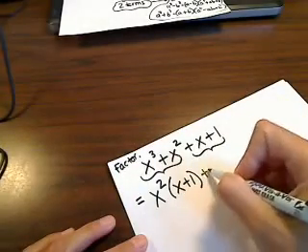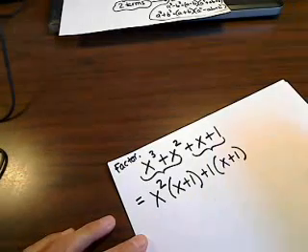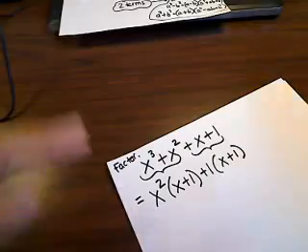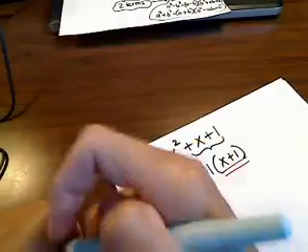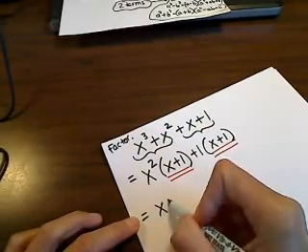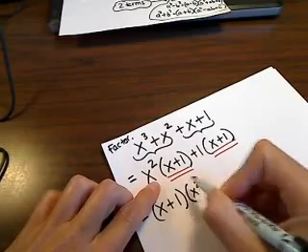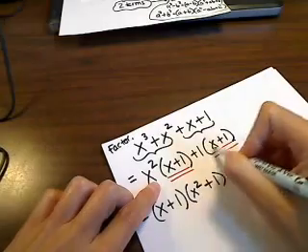So we're going to write it with a 1 on the outside to show that the 1 is basically the greatest common factor. Okay, and there's our magic. The x plus 1 is now the greatest common factor for the entire problem. If we pull that out, then we're left with an x squared in order to get this term back, and a plus 1 in order to get that term back.